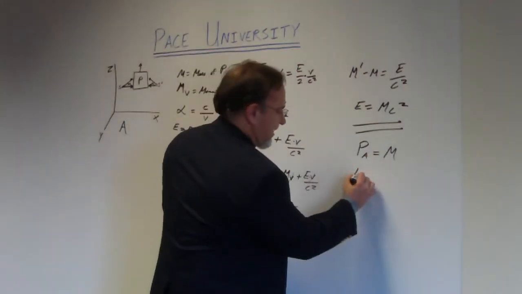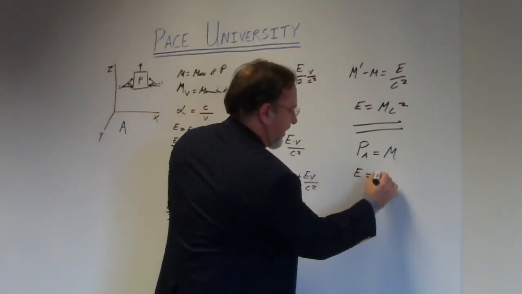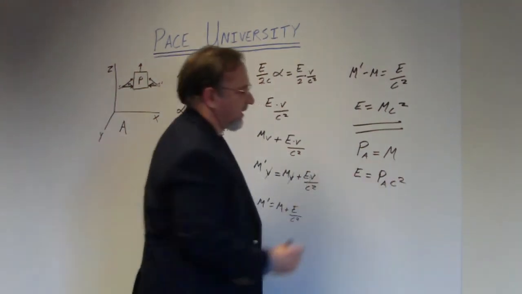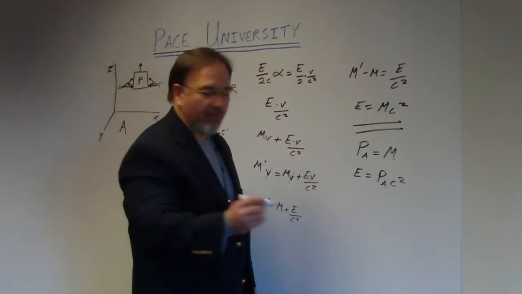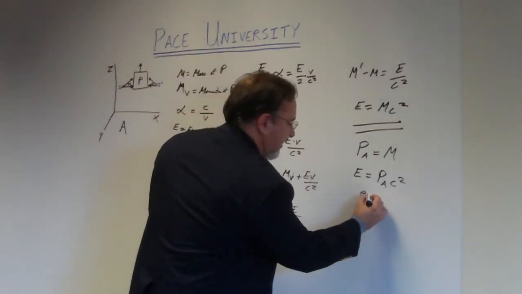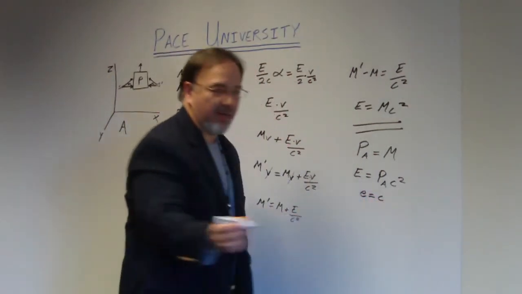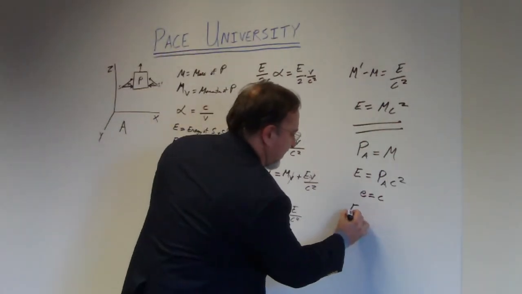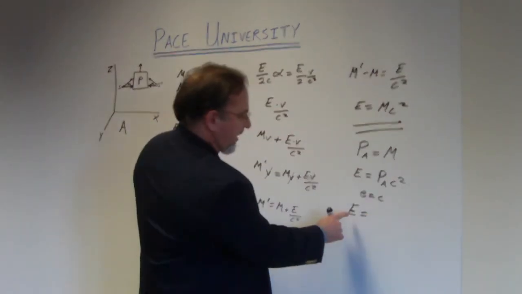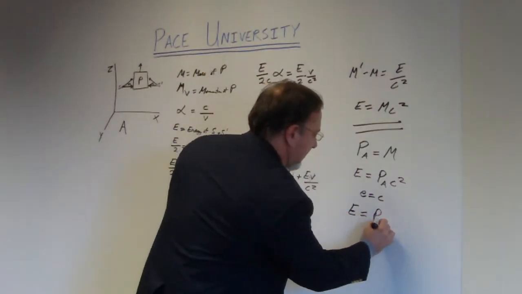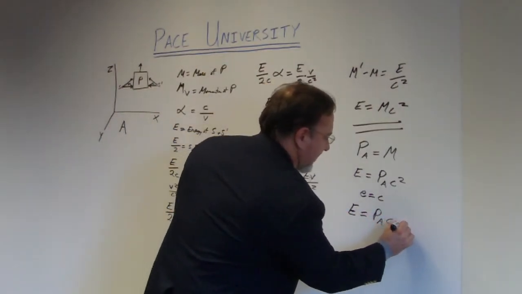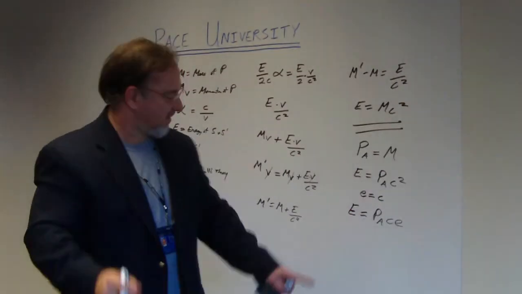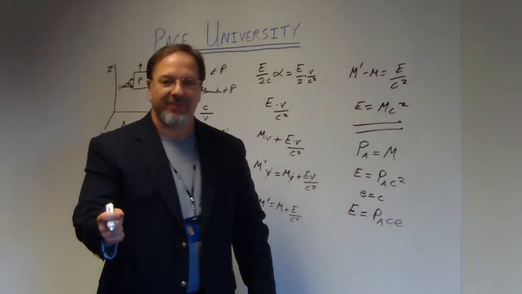Therefore, we get E equals PAc squared. Now let's let E equal the speed of light. E equals c. Therefore, we get big E equals PACE. So there's a lot of energy at Pace University.